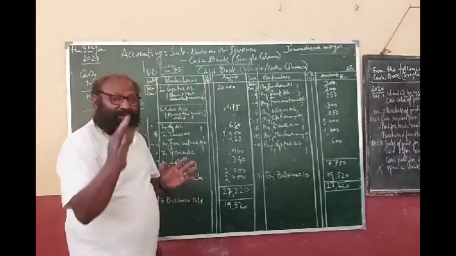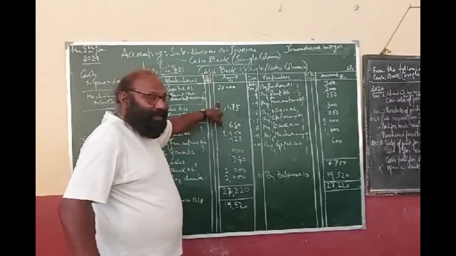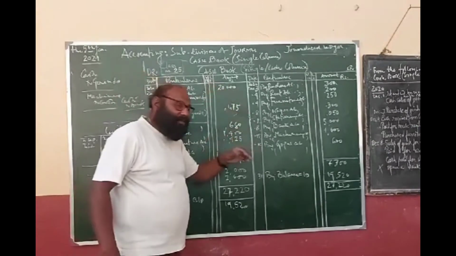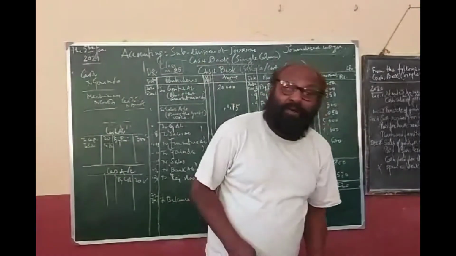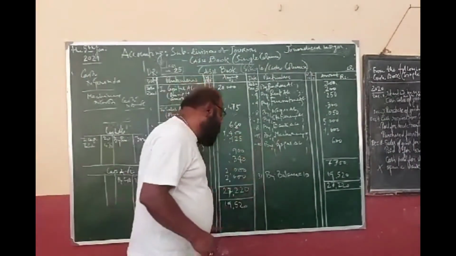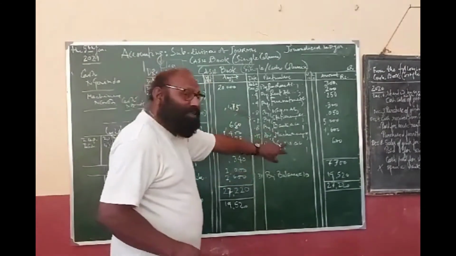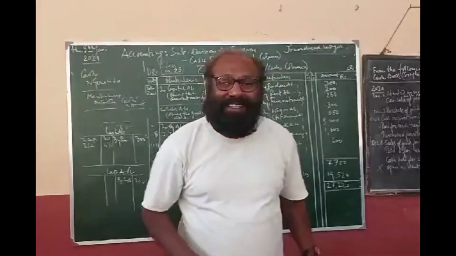Just an overall idea: all inflows of cash will be debited, because the cash account is debited for all inflows. Sale of goods, sale of furniture, receiving cash from debtors or anybody else, taking a loan and others. In all these, inflows will be debited and outflows will be credited. That is the formula given by the teachers.